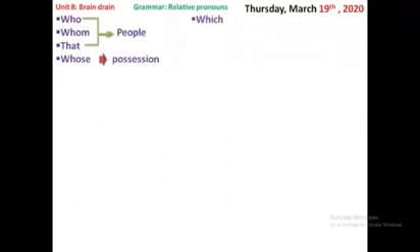So we are going to start with relative pronouns first. And the first one is who, and it refers to people. Whom refers to people too. That refers to people as well. Whose refers to possession. Which refers to places, things, or animals.